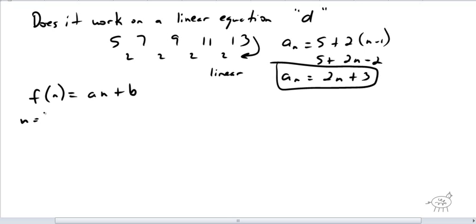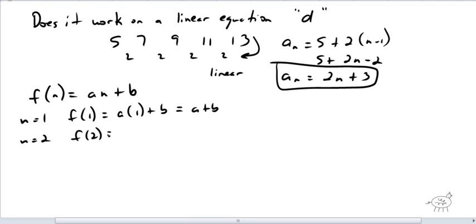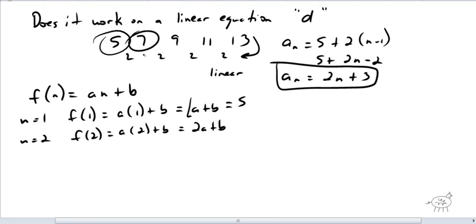So when n equals 1, and I say f of 1, it's a times 1 plus b, or a plus b. It's my first equation. And when n equals 2, I have f of 2 equals a times 2 plus b, or 2a plus b. And these equal my first term, 5, and my second term, 7.